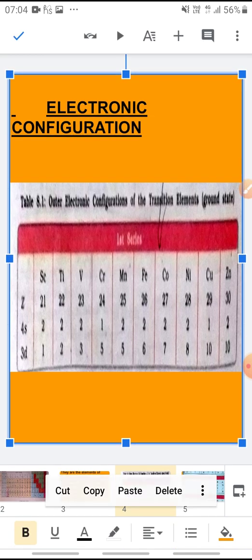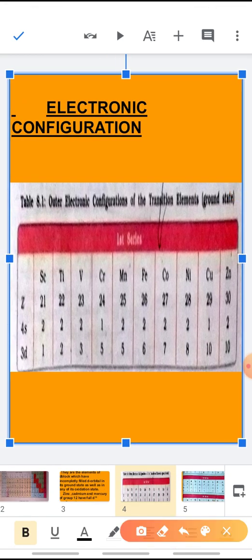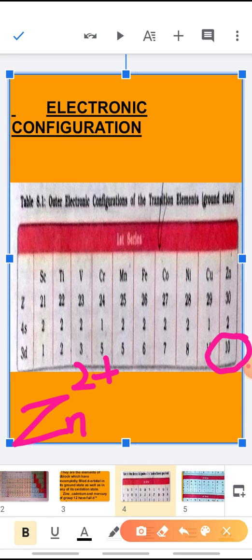But if we see zinc, in case of zinc, the most stable oxidation state is +2. In the ground state, you all can see it has completely filled d orbital, and in the most stable oxidation state also, the 2 electrons which are present in the s orbital will ionize and go out, but the d orbital will remain as such.